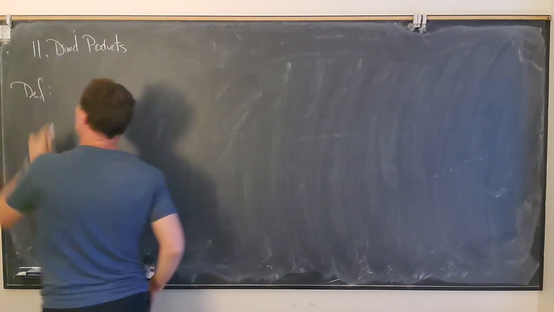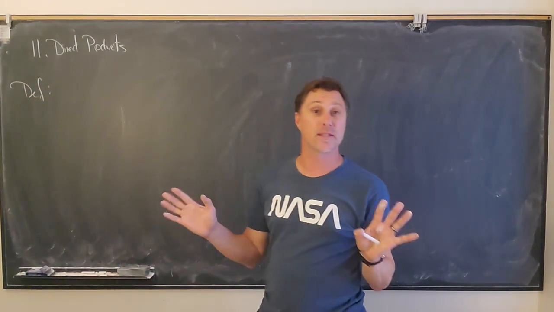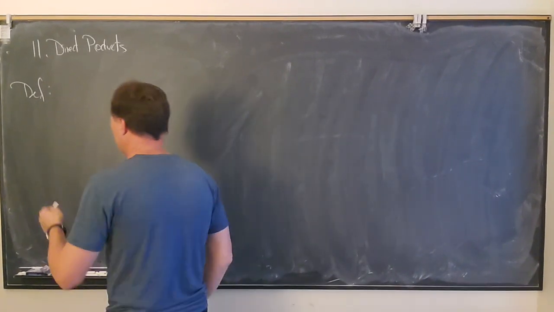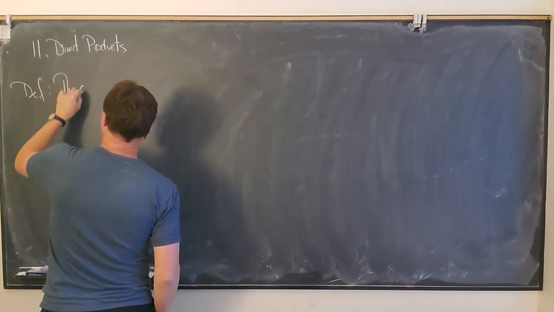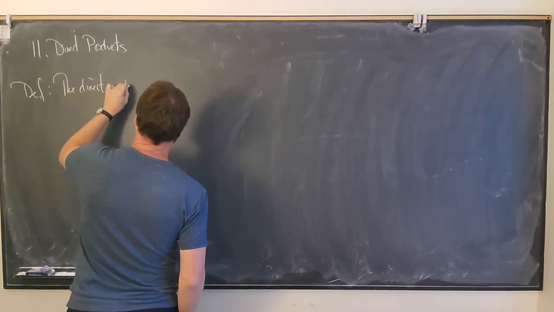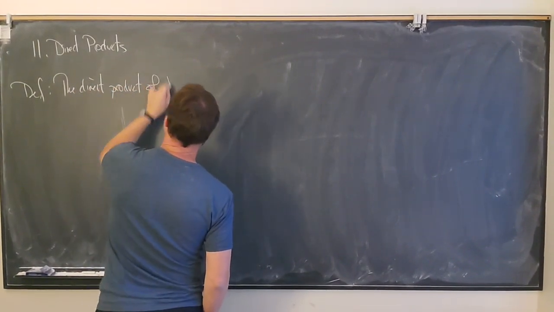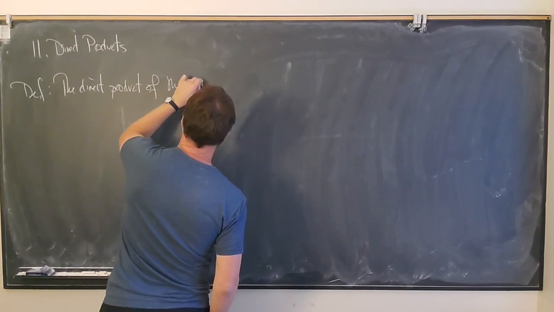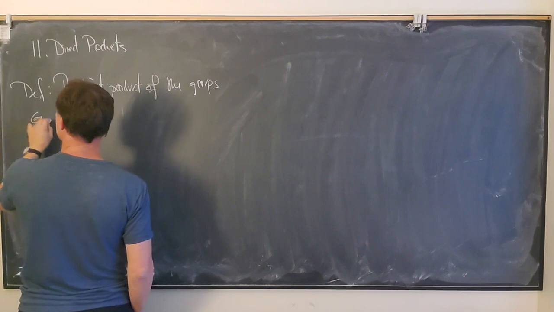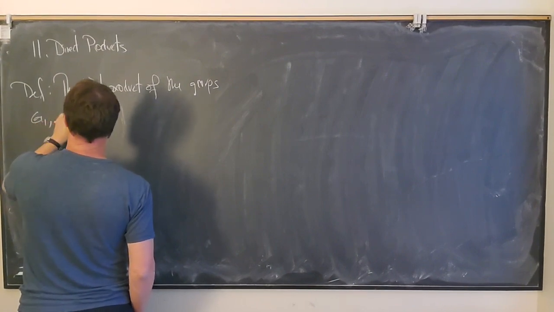What this is going to be is a process of taking some existing groups and forming a new group. And then it's called the direct product. So the direct product of the groups. So we have some collection, say capital G1 up through capital Gn.